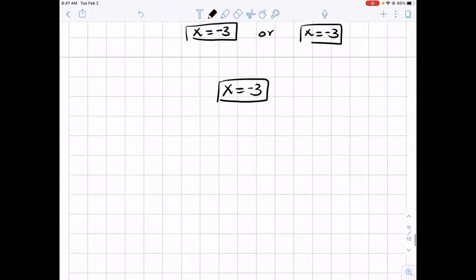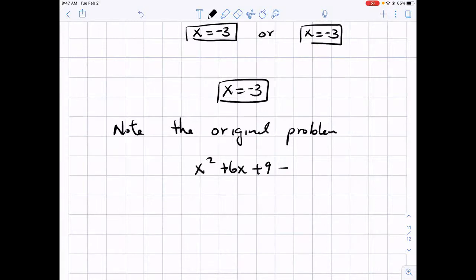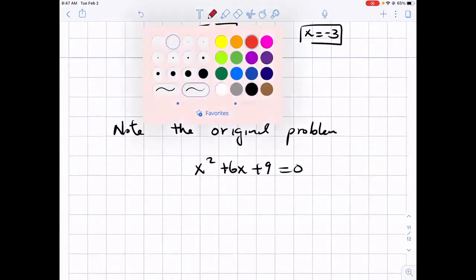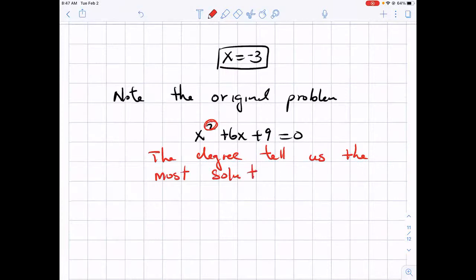Notice the degree of the original problem, x squared plus 6x plus 9 equals 0. The degree is 2. The degree tells us the most solutions we will have.